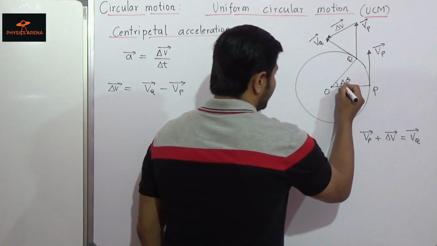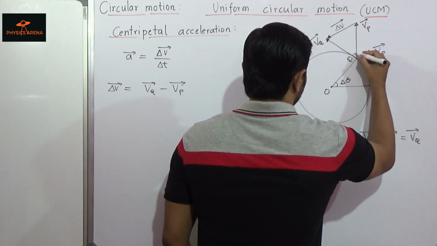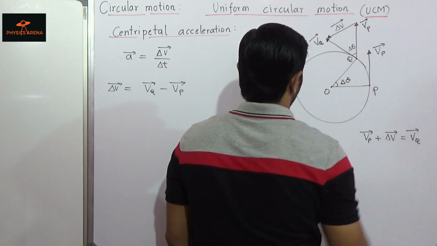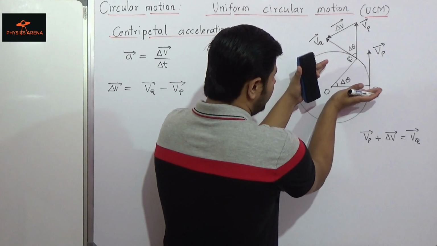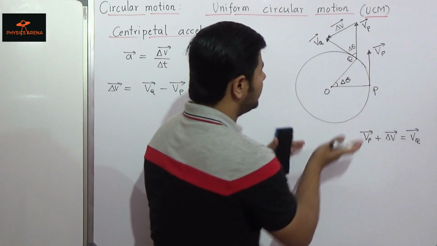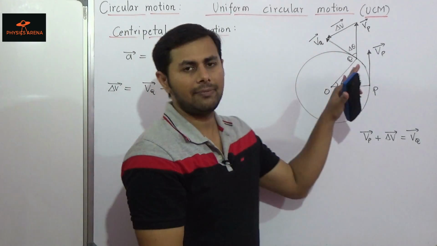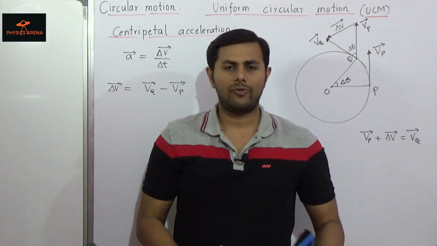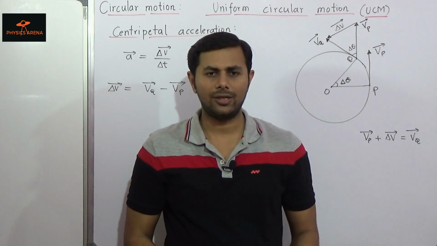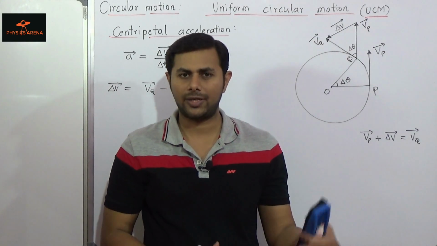Then since this angle is delta theta, this angle also will be delta theta. It's because this is the angle between the radius at time t equal to 0 and the radius at time t equals delta t, and we know that the velocity is tangential, that means it is perpendicular to the radius.